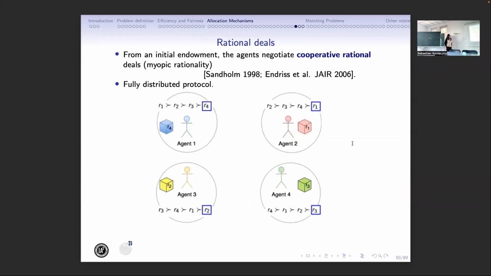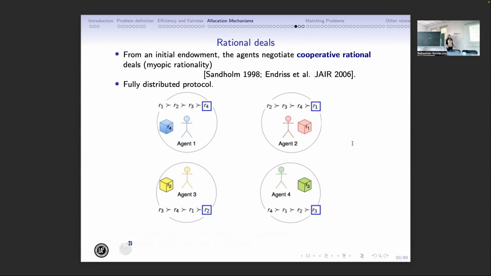Okay. So I will finish with allocation mechanisms by describing a fully decentralized mechanism. In the decentralized mechanism, as I said before, we start from an initial endowment and we let the agents make deals of exchange of resources.